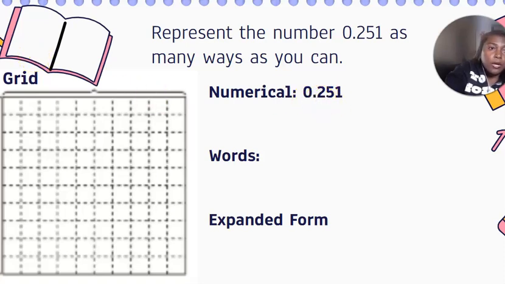So we're going to use our marker again. And this says 0 holes, of course. And then we have 2 in our tens place. So that's 1, 2. We have a 5 in our hundredths place. 1, 2, 3, 4, 5, and 1 in our thousandths place.